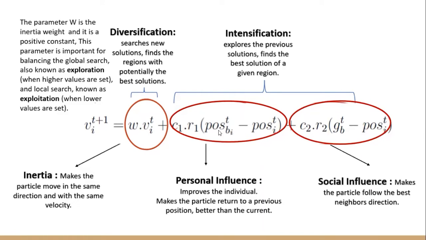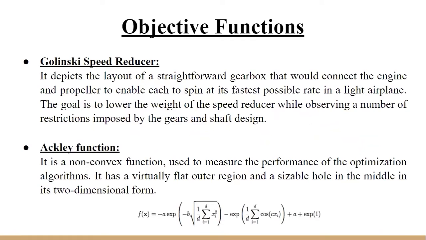So this particular equation will make the particle return to the previous or the best position. And the last one over here is social influence, which means that the particle will always try to follow the best direction of its neighbors. So if there's a particle and its neighbors are moving to a new best direction, the particle will also follow the direction of the swarm. So the objective functions will be explained by Raghav.